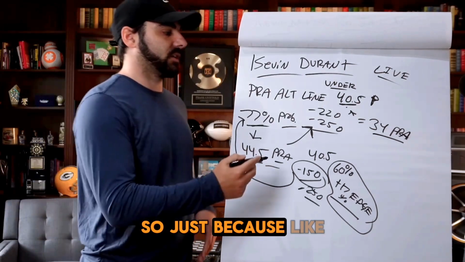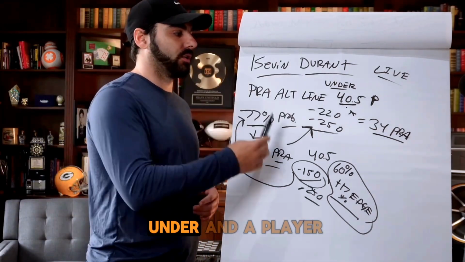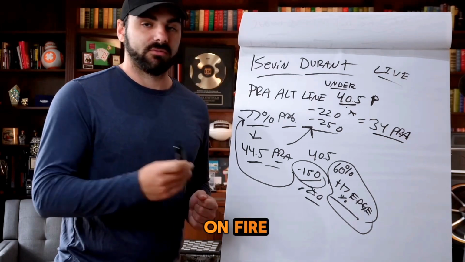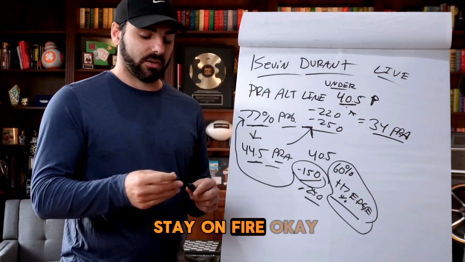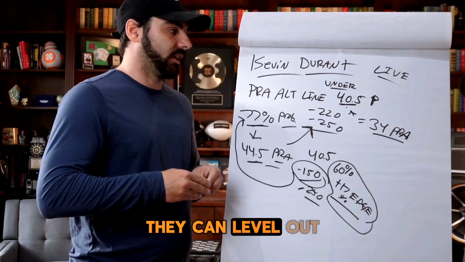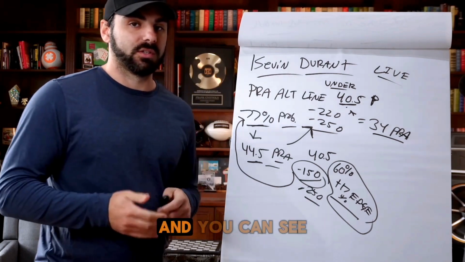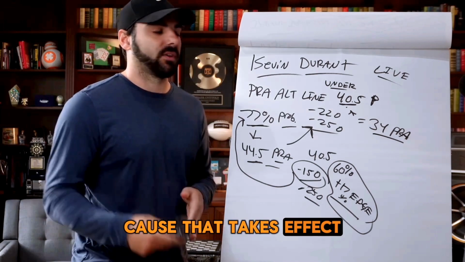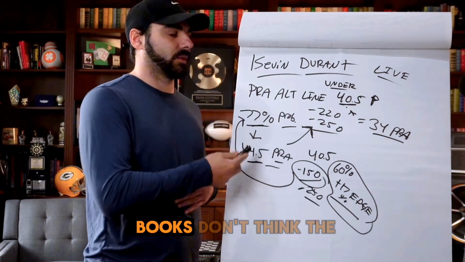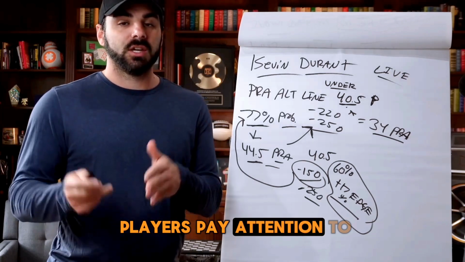Just because, like I said, if you're on an under and a player comes out on fire, doesn't mean they're going to stay on fire. They can level out, especially if you know their minutes and how they play their minutes, because that takes effect live as well. A lot of sportsbooks don't think the players pay attention to that.